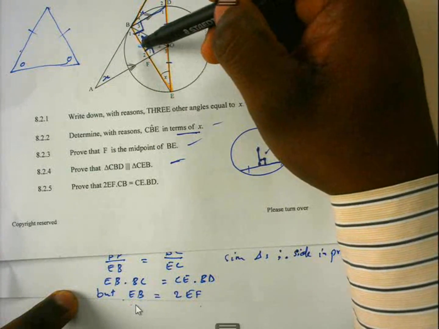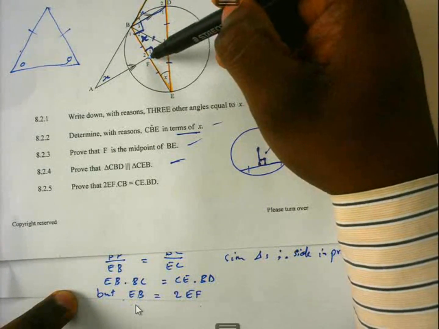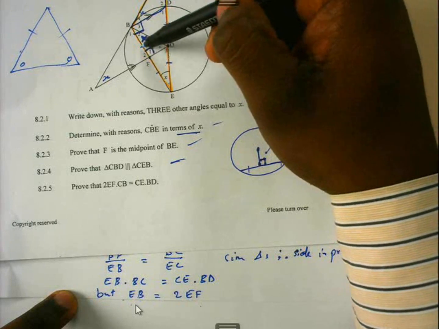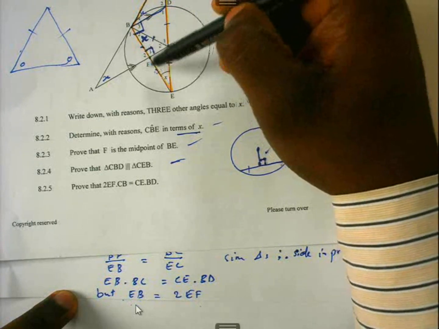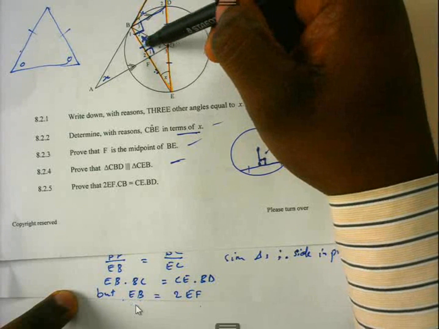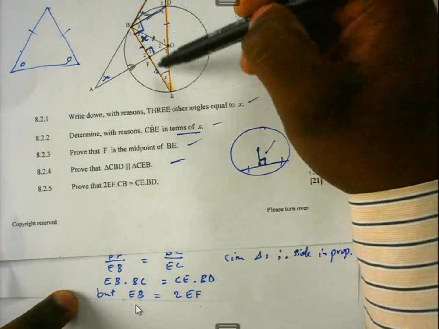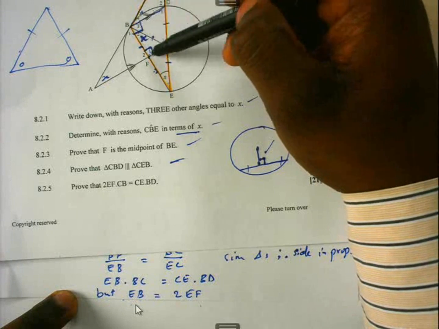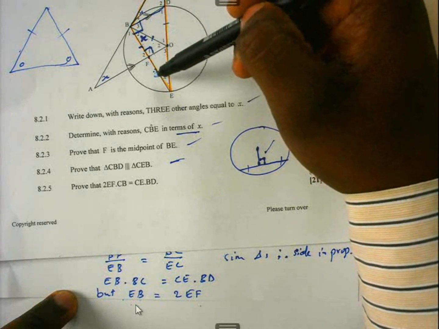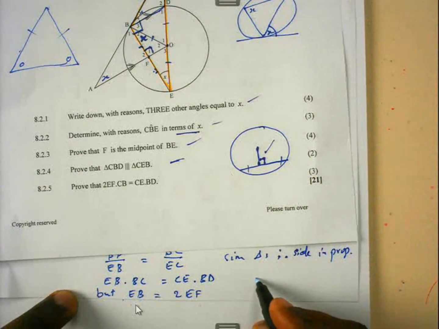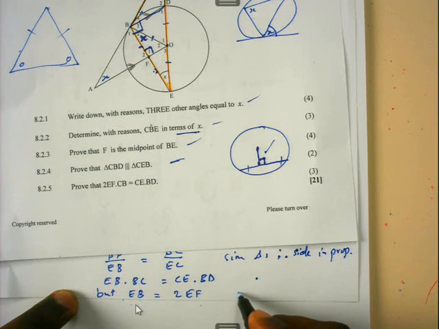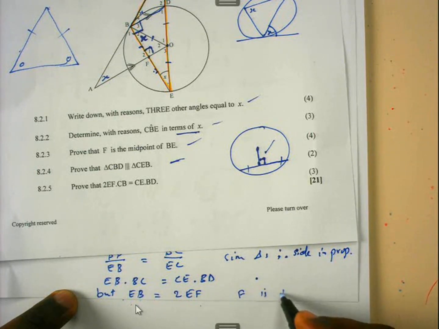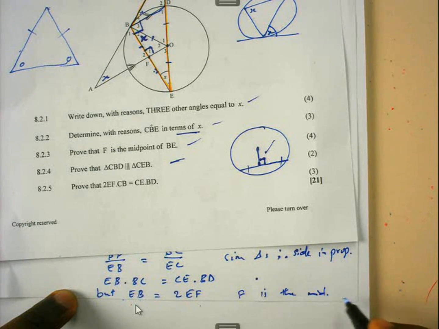Why? Because this has been proved to be a midpoint. If it is the midpoint, it bisects the two sides. So EB can be EF plus EF because they are the same. Now each is EF, so EB is 2EF. Therefore, F is the midpoint. The reason there is: F is the midpoint, it has been proved.